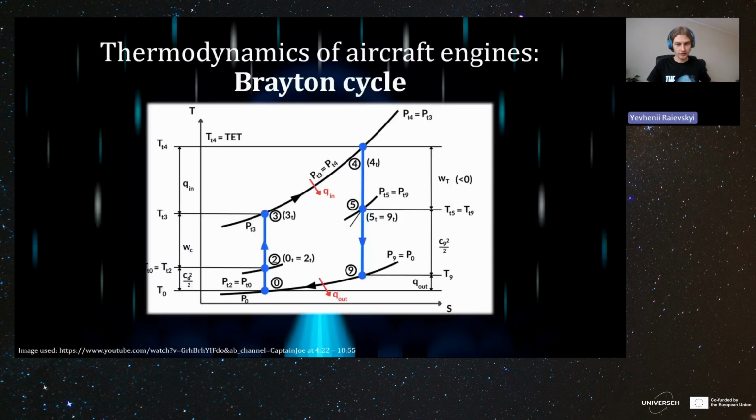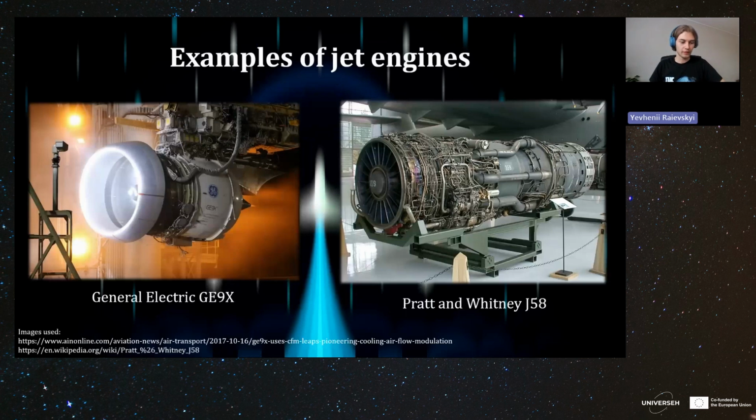In the afterburner a reaction also occurs, increasing temperature even higher, and if you increase temperature, you gain more thrust. So this is the reason why turbojets may still be used in military aircraft.